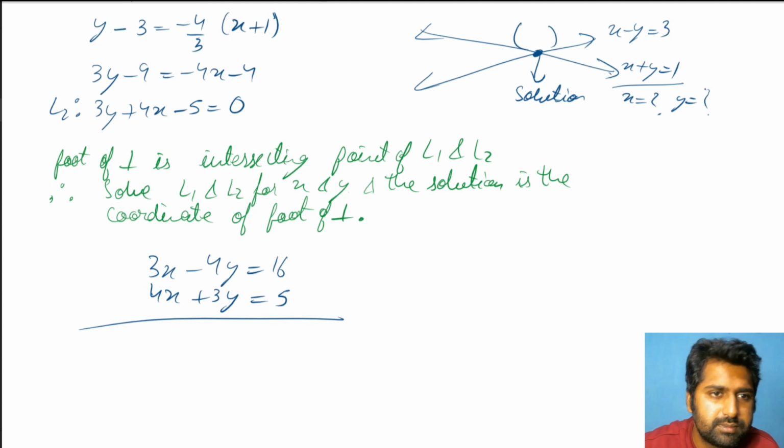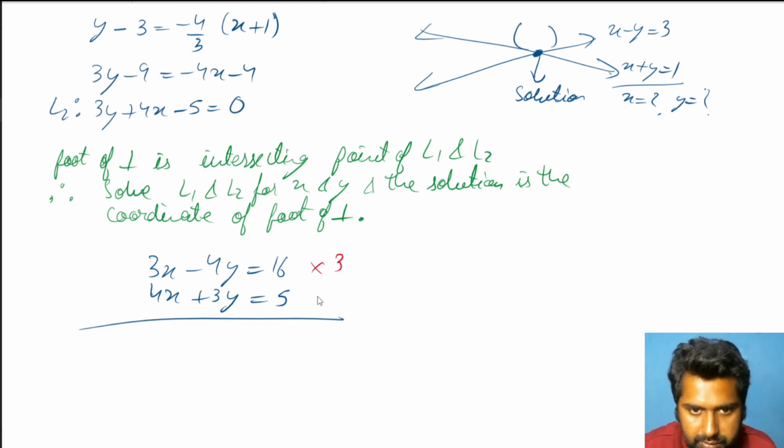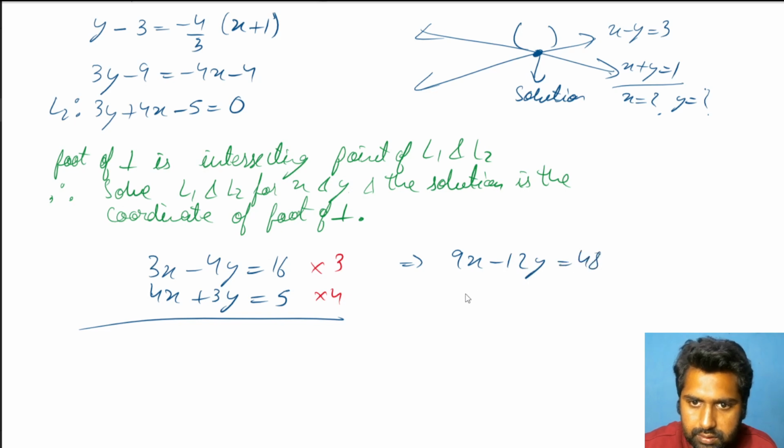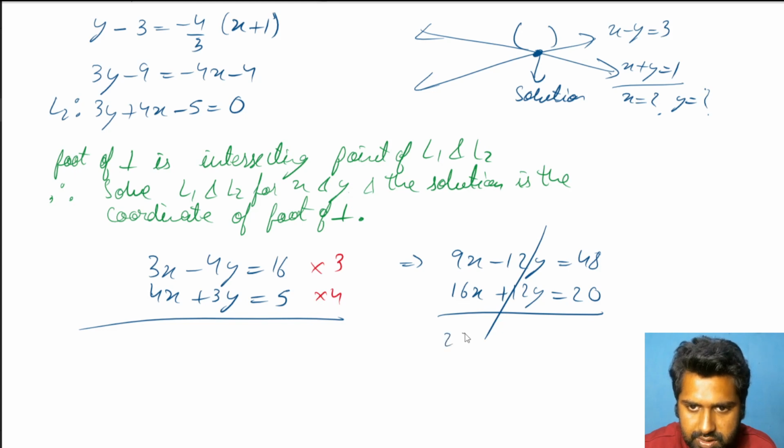Multiply the first by 3 and the second by 4, and you'll get a new set of equations: 9x minus 12y is equal to 48, and 16x plus 12y equals 20. Add them. So 16 plus 9, 25x is equal to 68.